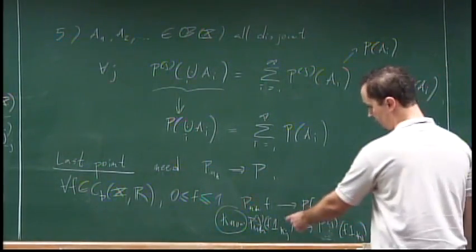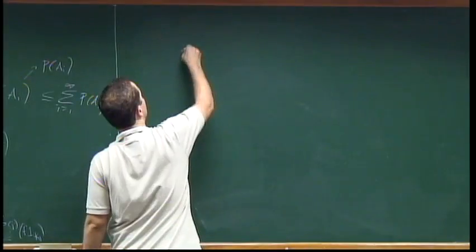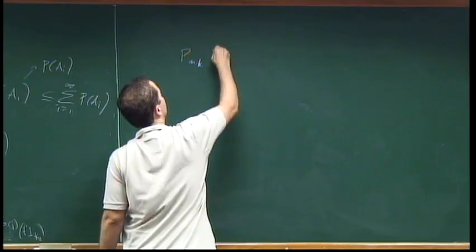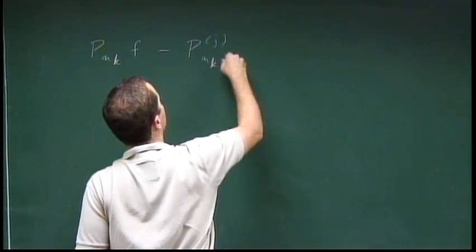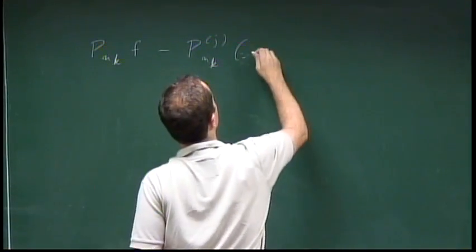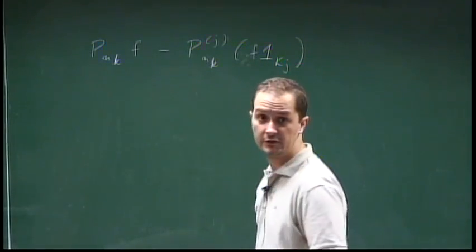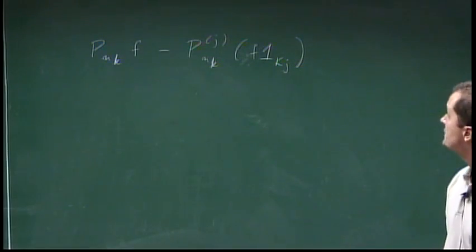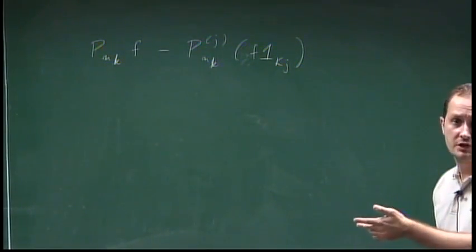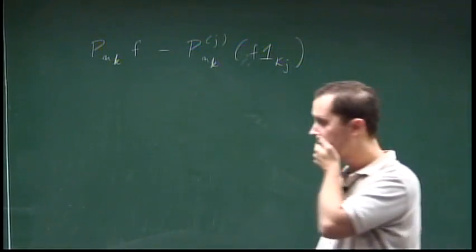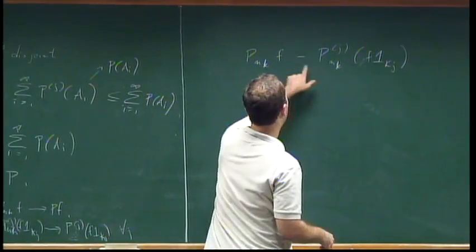We have this convergence, and I want to compute the difference between these two integrals here. And I claim this difference is small when j is large. This we know for all j. This is important. Why is this so?